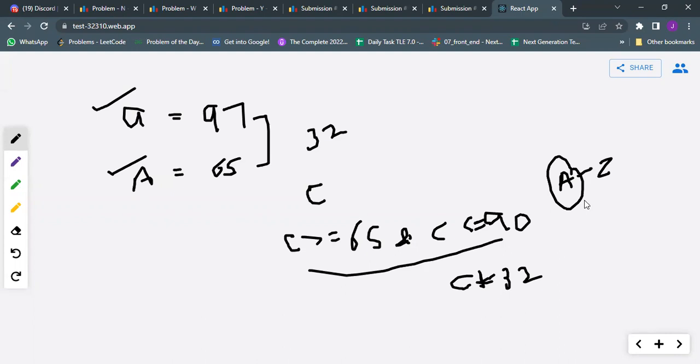But if you do C plus 32, value will be like 96, right? So for that, you need to convert it in character, and you can write character for that.